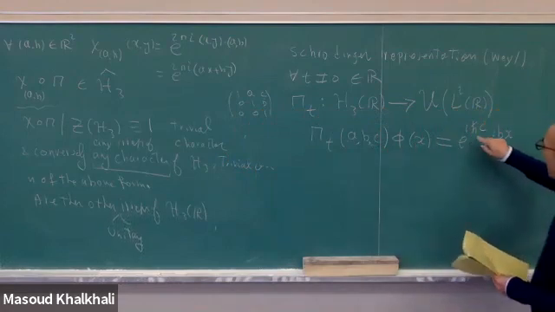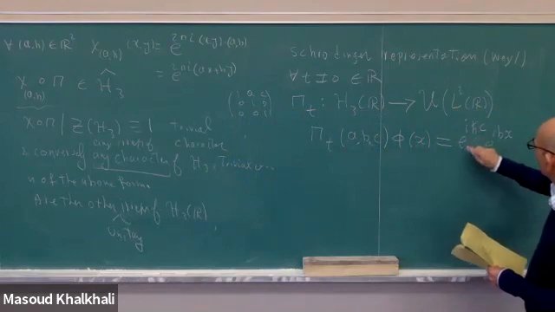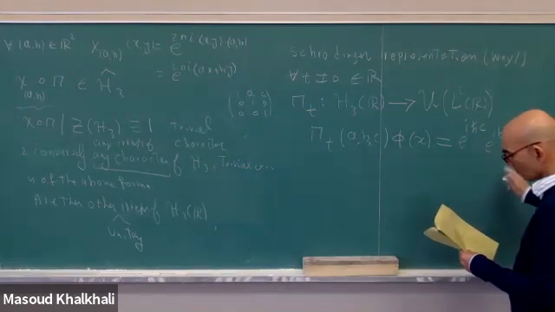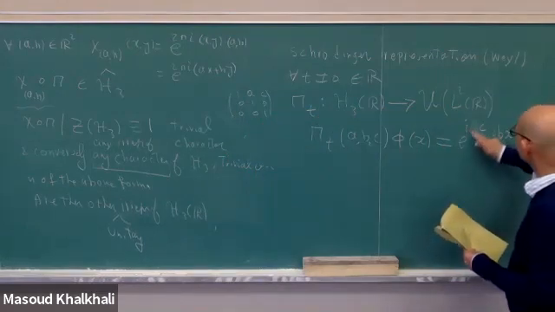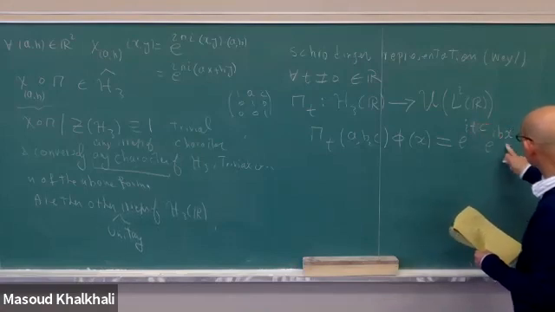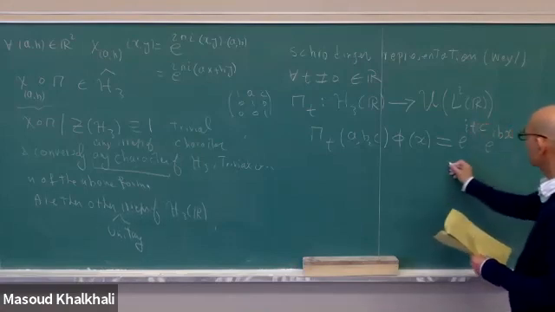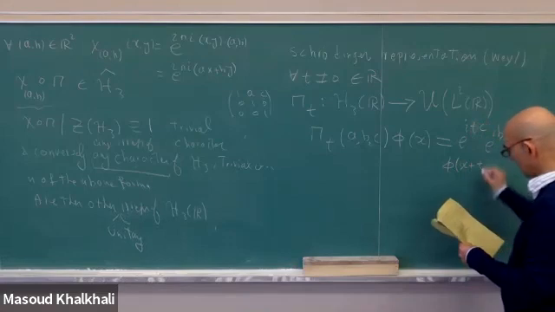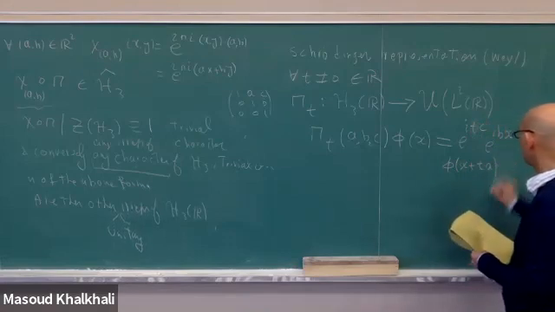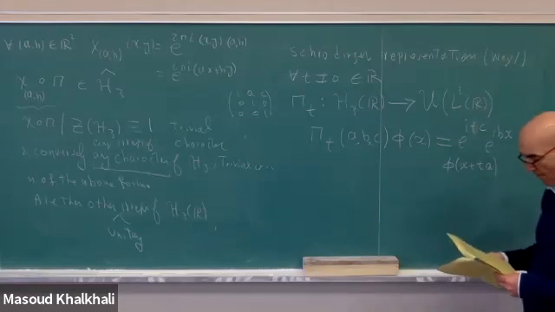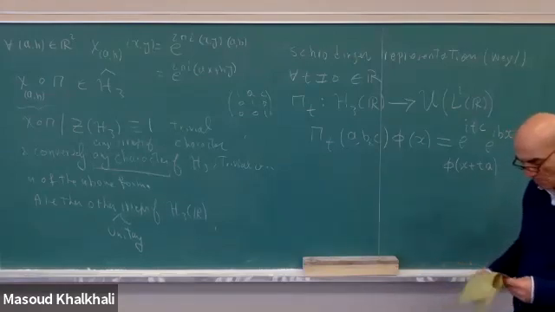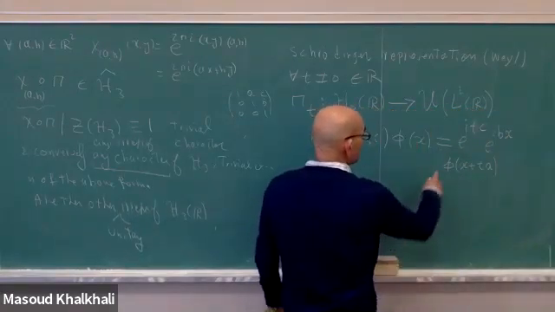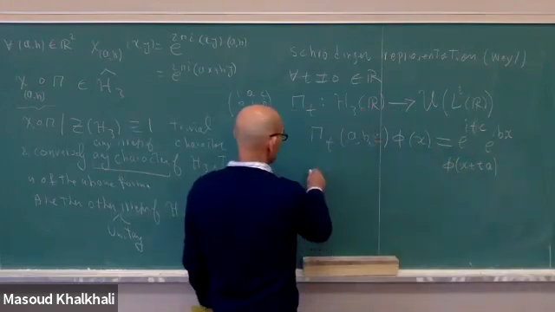This is a constant phase. And this is t, sorry. And this is the phase factor, and then there is times phi of x plus a. You shift it by this amount. So it's a product of three unitaries.